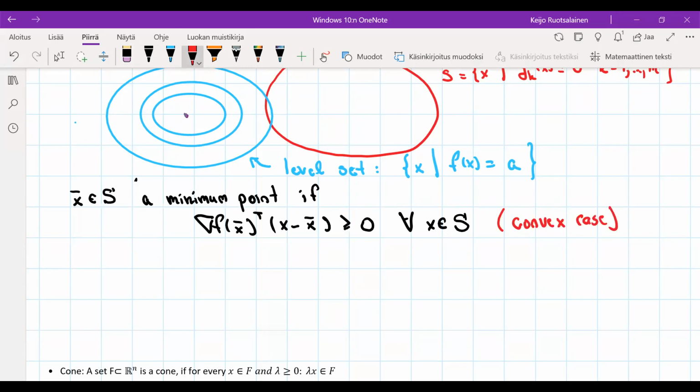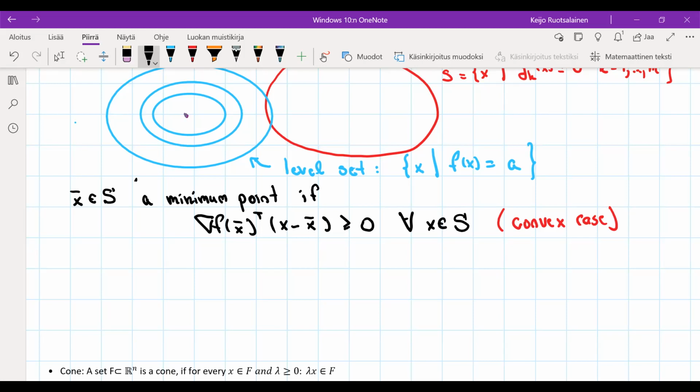We know already that, at least in the convex case, the function has a minimum at the point x bar when this inequality is satisfied: the gradient of the function f at the point x bar, scalar product with the direction x minus x bar, is greater than or equal to 0.